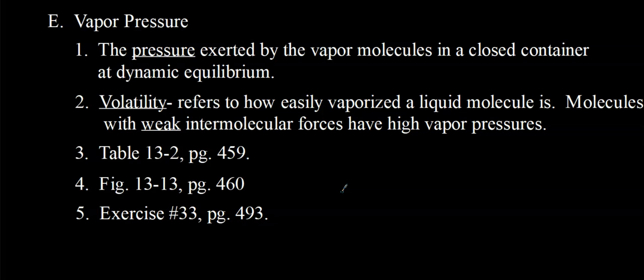Any guesses what kind of attractive forces methanol has? Look at the vapor pressure of methanol. Methanol actually has hydrogen bonding, but it's a rather volatile liquid. So the hydrogen bonding in methanol is not as strong as the hydrogen bonding in water. That is why methanol has a higher vapor pressure than water at a particular temperature.